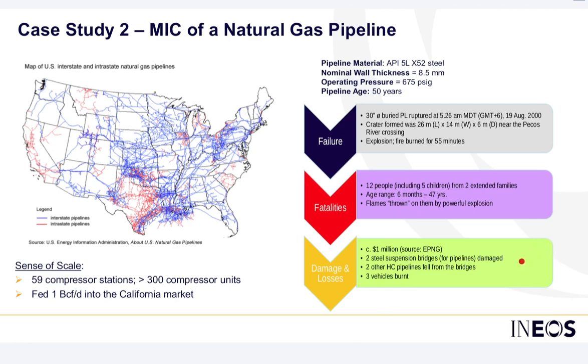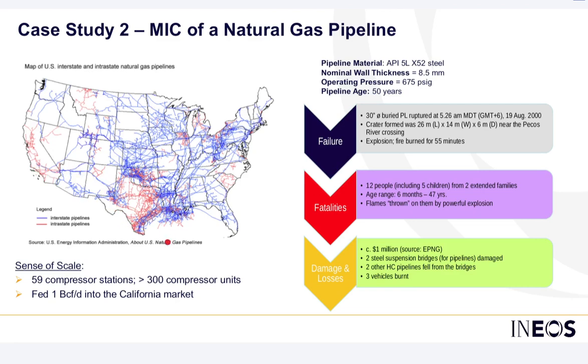So the second case study is perhaps one which might interest some of the listeners here, and this is MIC of a natural gas pipeline that occurred in the US. This natural gas pipeline failed in service after about 50 years, and it was a very prominent pipeline that took natural gas from fields in Texas, such as the Permian, all the way through to the California market.